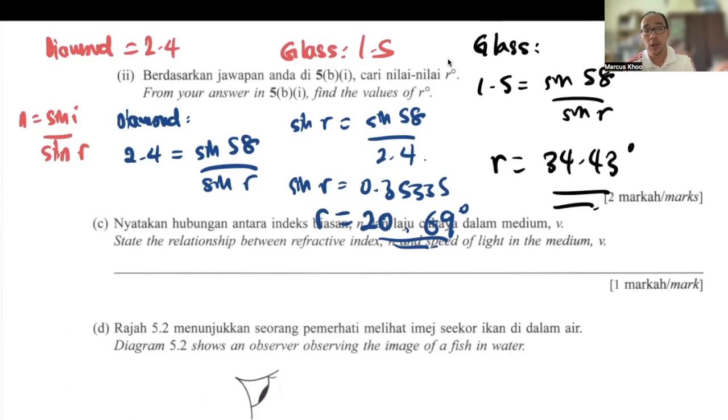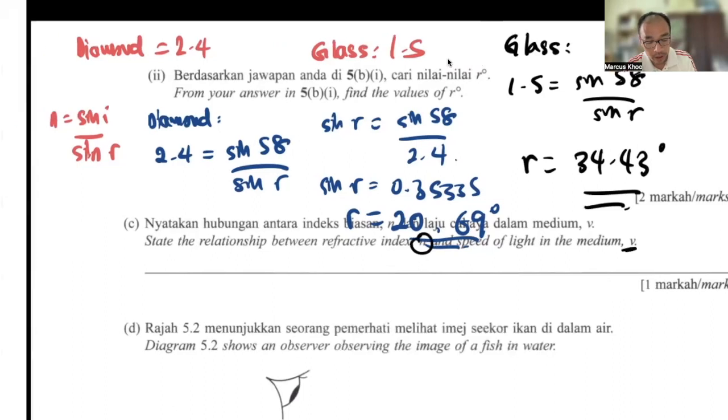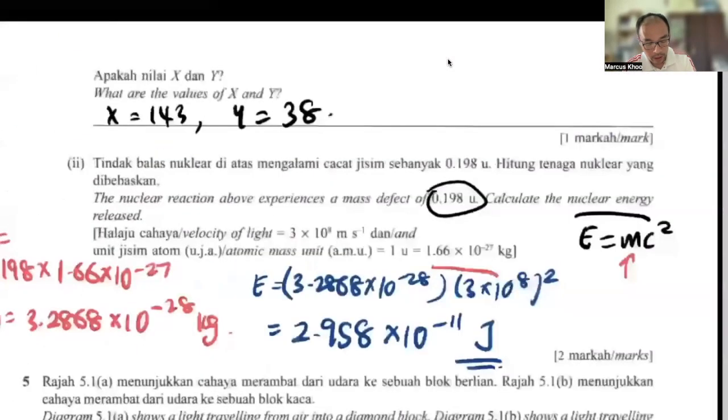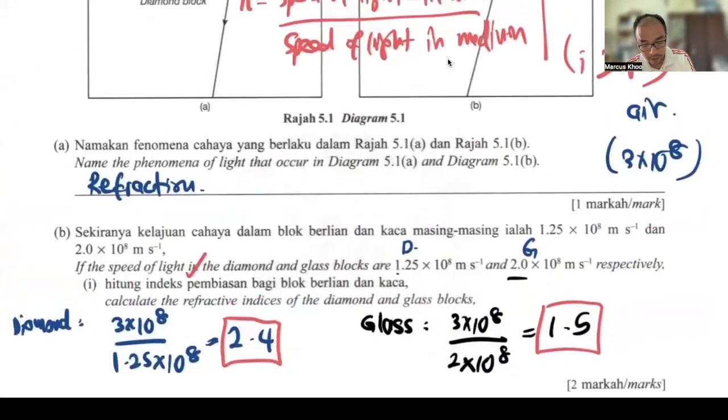So notice that after that, they will ask you to find the relationship between the refractive index N and the speed of light in the medium V. Okay, so if you take a look, the speed of light for diamond is 1.25, but the refractive index is bigger. The speed of light in glass is bigger, but the refractive index is smaller.